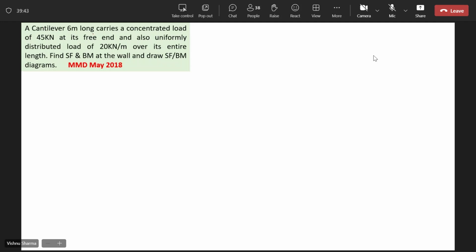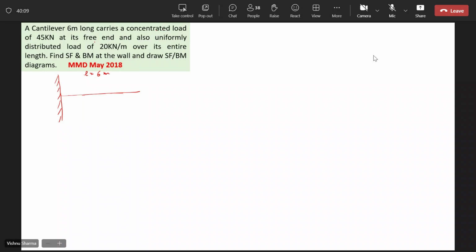A cantilever is 6 meters long, carries a concentrated load of 45 kilonewton at its free end. It is not given whether it has its own weight, so it will be a light beam cantilever. So first I'm making a left end supported cantilever. This is the wall or the support. This is the cantilever. Length is 6 meters.